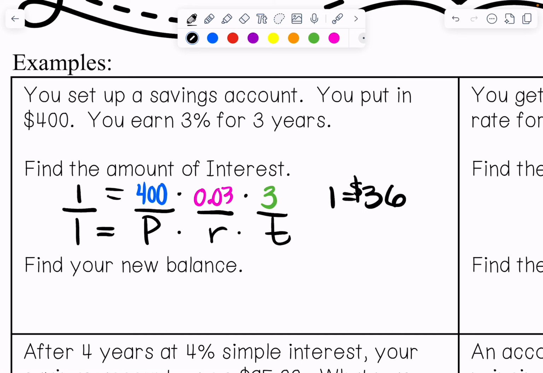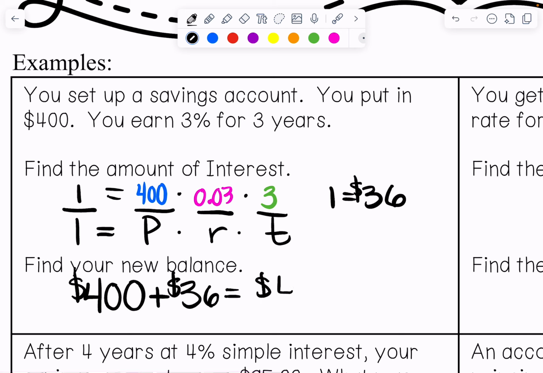Because I set up this savings account and I have that $400, assuming I don't take any money out or add any other money in there, the bank is also going to pay me $36 extra for keeping my money with them. To find my new balance, I'm going to add the amount I started with, my principal, and add on that interest I've earned to figure out that my new balance would be $436.